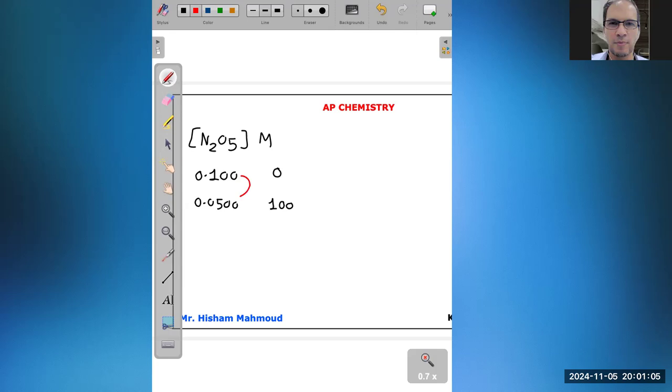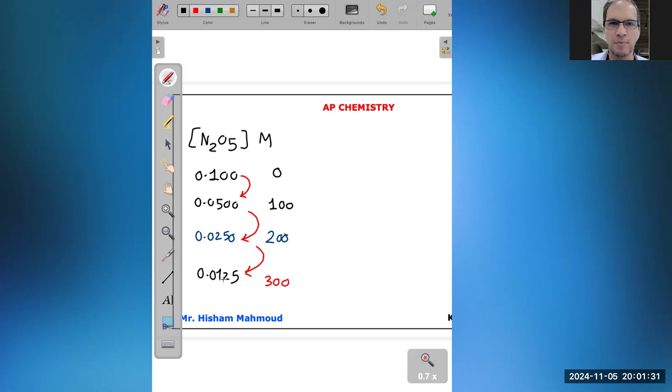It is halved. So we change it from 0.1 into 0.05. Then Yasin, one more 100 seconds. What happened to it? It's halved again. Change it into 0.0250. Then it's halved one more time.